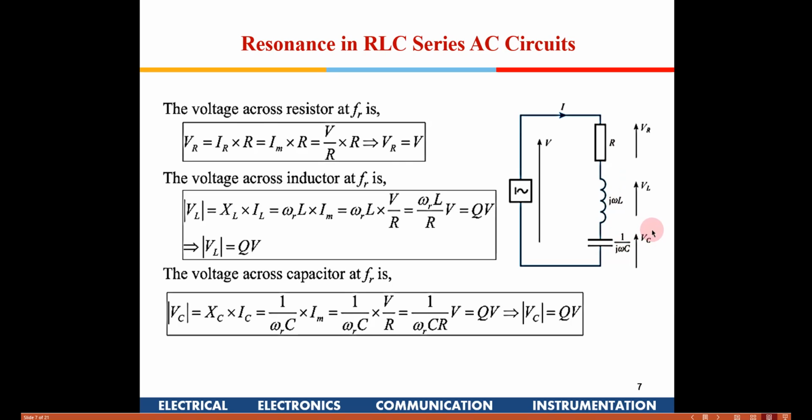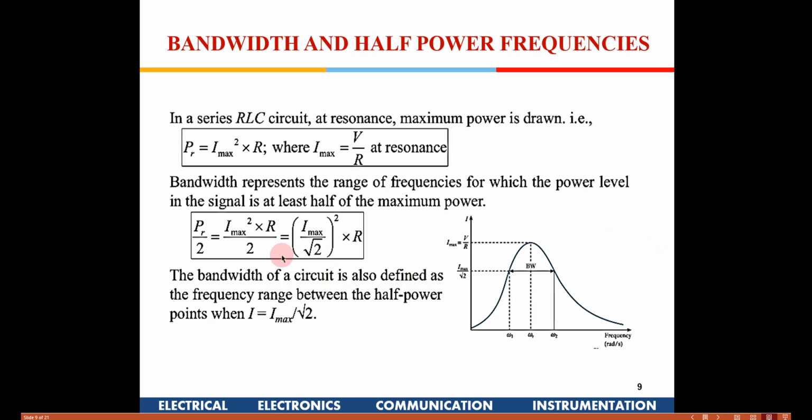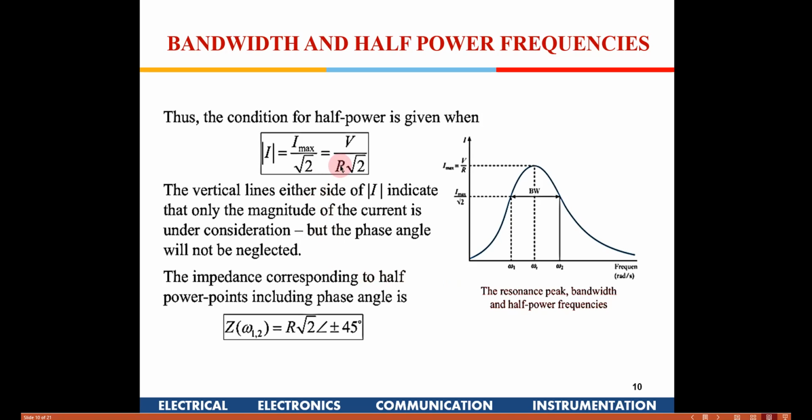If that is R and this is R, then you take the vector sum of those two, and you will get root 2 times R, right? So that is what is mentioned here: R root 2. Also the net impedance will be at 45 degrees, because the capacitance minus the inductor at omega 1 is going to create a 90 degree offset impedance, which comes in series with the resistance.